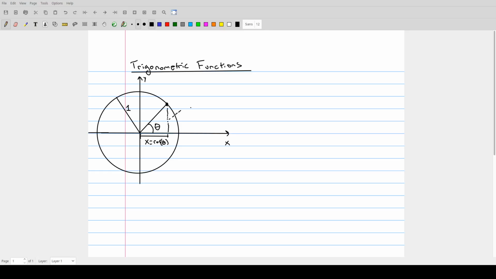And the y coordinate of the unit circle is given by sine of theta. So this distance right here, from any point down to the x-axis, is given by sine of theta.